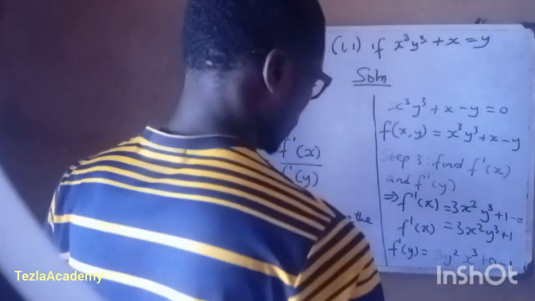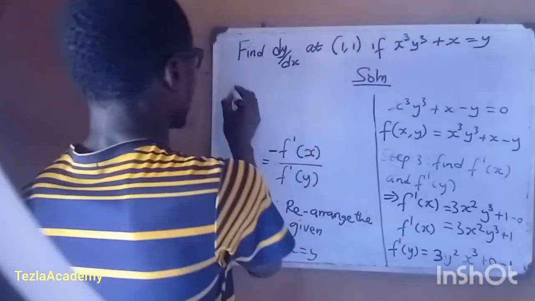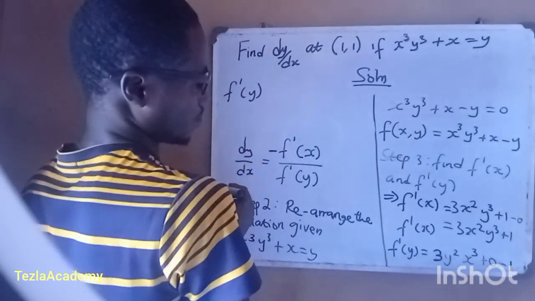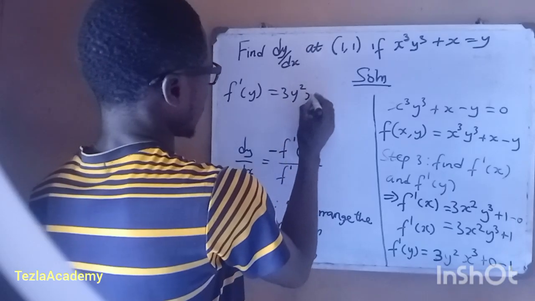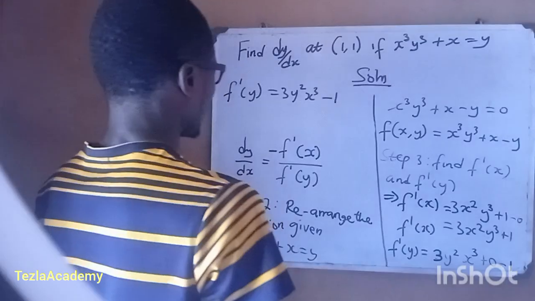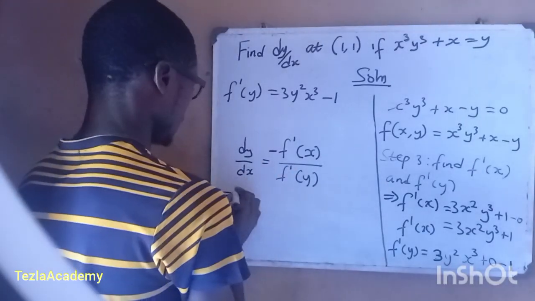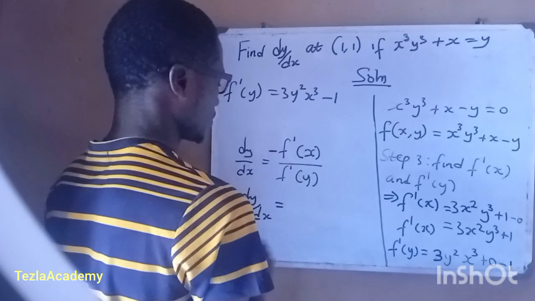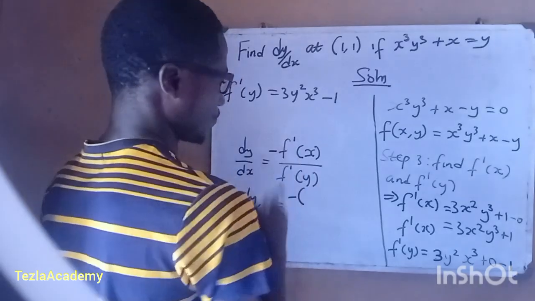Next, we put the f prime of y in simplest form, which is equal to 3y squared s cubed minus 1. After solving them, we now put both of them inside this formula. Our dy/ds is equal to minus, what's our f prime of s?